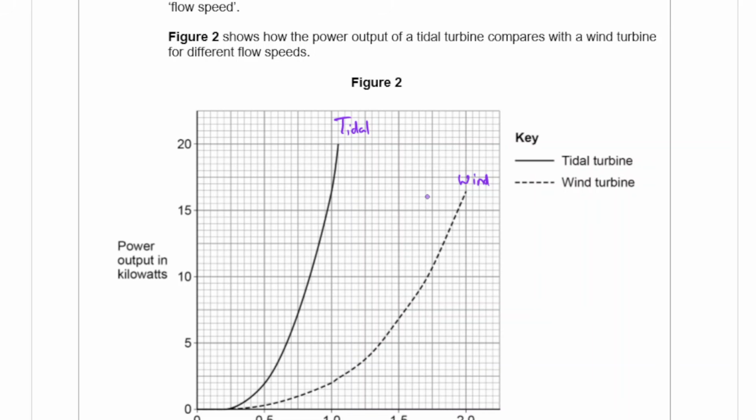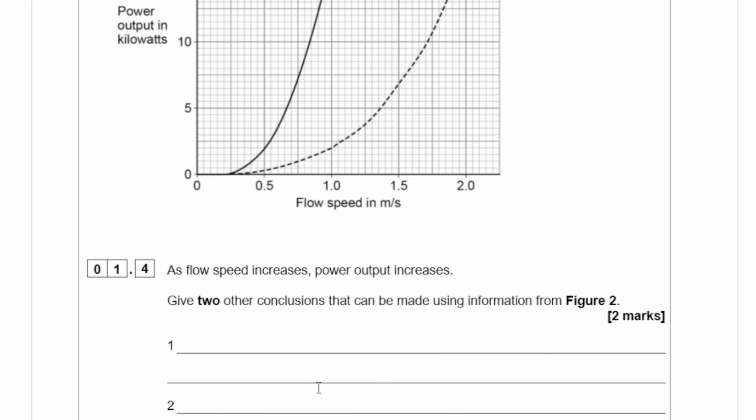Now, looks like the tidal has a bigger power output when the flow speed is at 1, at 20, and the wind turbine, the flow speed has to be double, but it produces about 16.5. All right, let's see. As flow speed increases, power output increases.